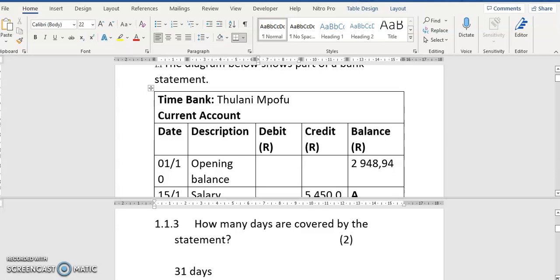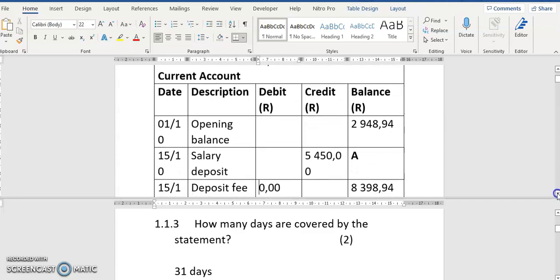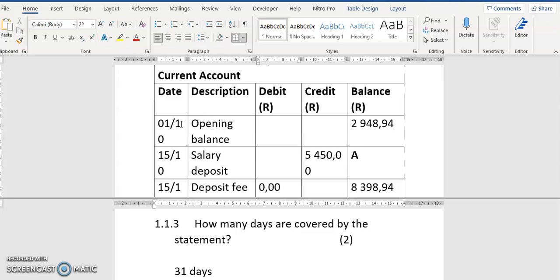Then the next one. How many days are covered by the statement? If you check the days here, it starts from 1st January. Sorry, it's not 1st January. This is 10, then 10 is what? October. If you don't know, you count: January, February, March, April, May, June, July, August, September, October.